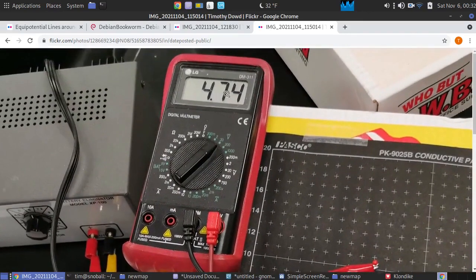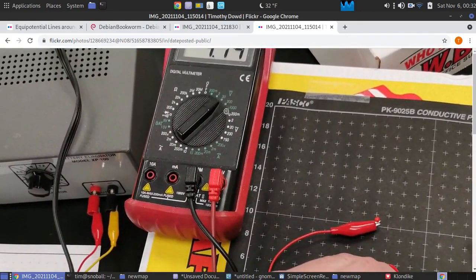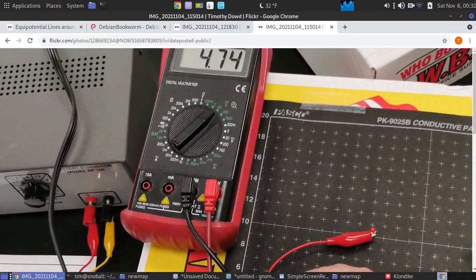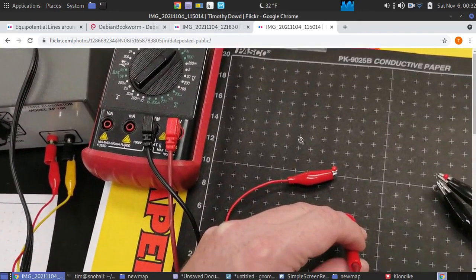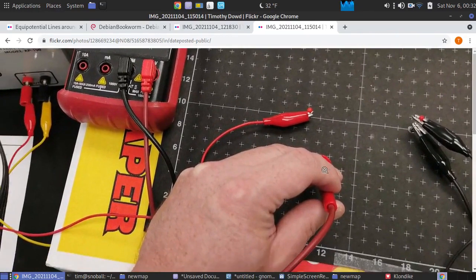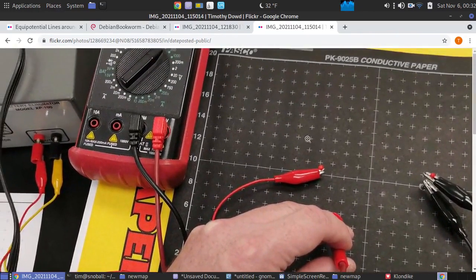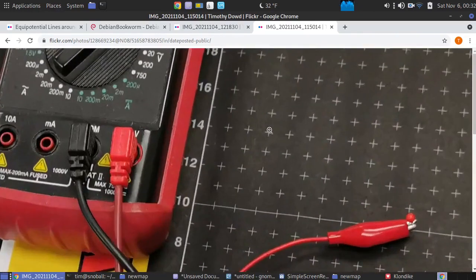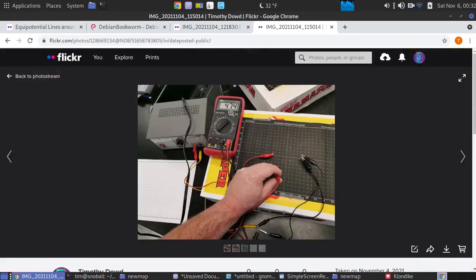We can use a multimeter set up to measure potential in DC volts. And if we hook the negative of that meter up to our negative terminal, we can use the positive probe to move around and find what the potential is at different locations.